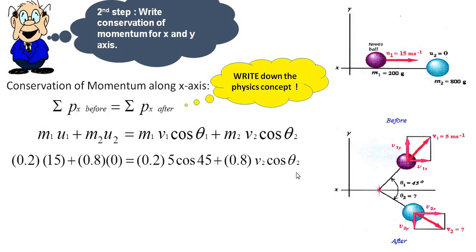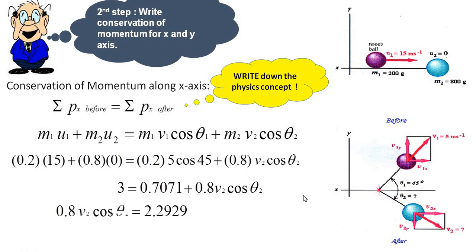Then we substitute values and simplify, so we get v2 cos theta 2 equals 2.8661. This is equation 1.